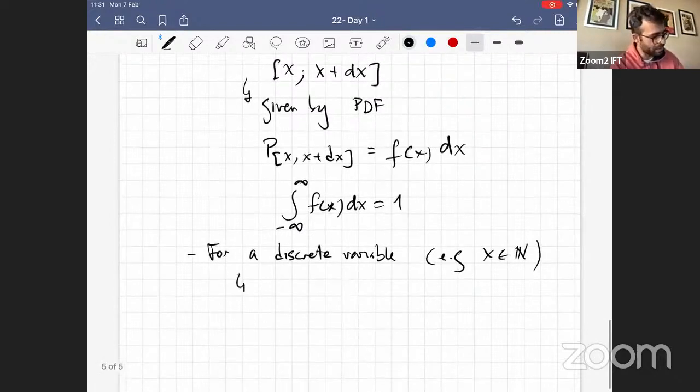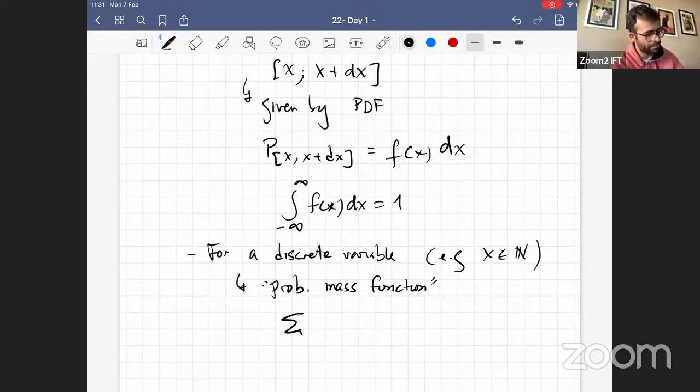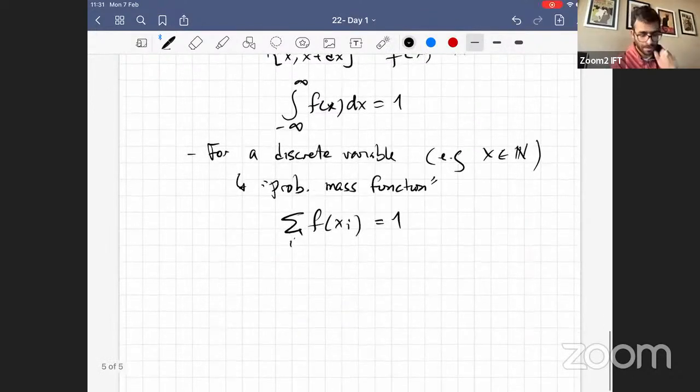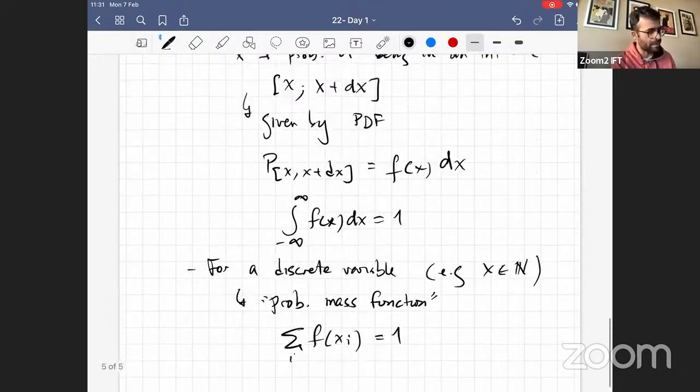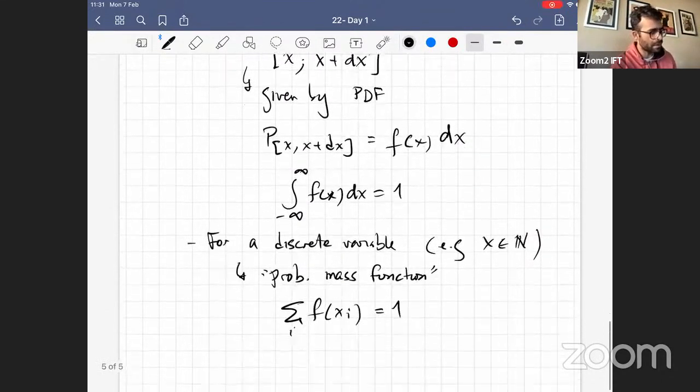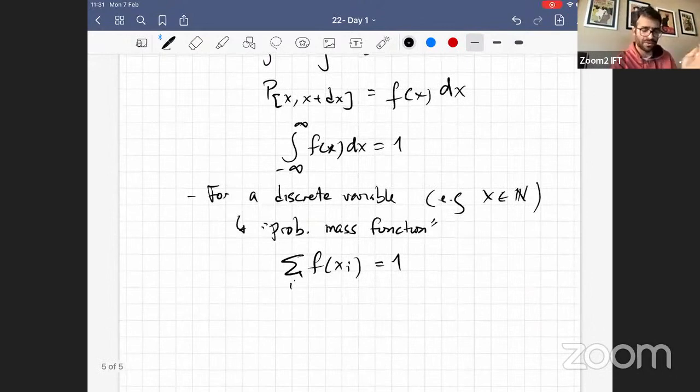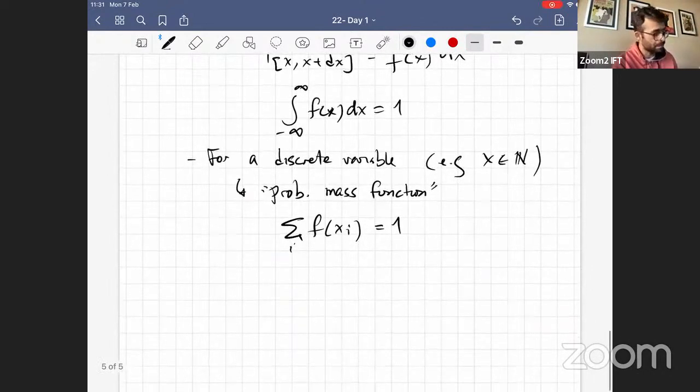And here we talk instead about the probability mass function. And of course, you obey the same condition. Instead of the probability density function, you have a probability mass function. It's just the nature of the random variable.